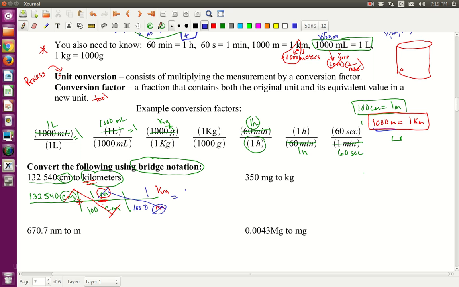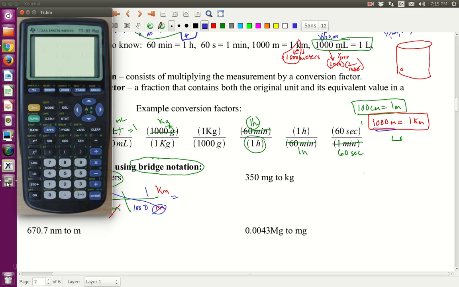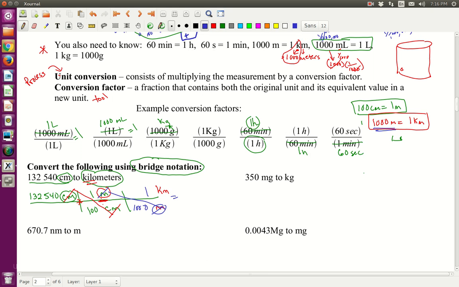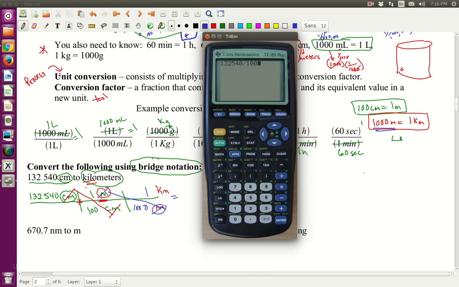So now I can put it into my calculator and pull it up and do the math. We have 132,540, and I'm going to divide it by 100 right here because it's below the line, so I'm dividing by 100. And then I go to the next spot, and I'm going to see that's still a division sign right here.